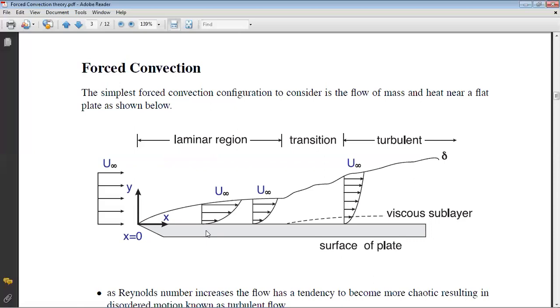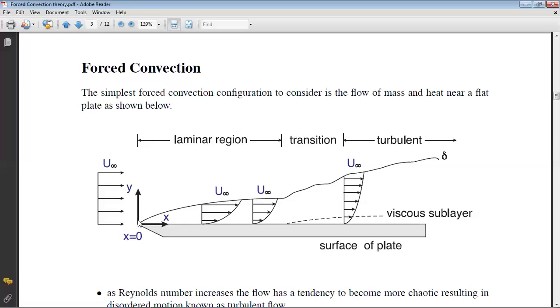Now, in this condition, let us consider a flat plate over which air is flowing with a velocity of u infinity. Let u infinity be the mainstream velocity.